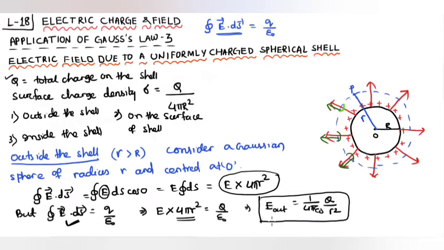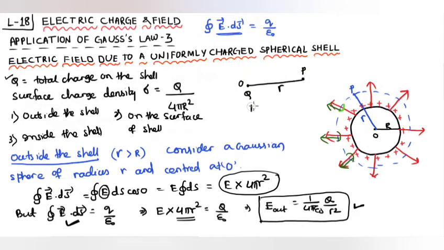So this is the expression for the electric field due to a spherical shell at a point outside it. Now just analyze this expression. We had already discussed the electric field due to a point charge. Assume that we have a charge q at point O, and there exists a point P at a distance r from it.